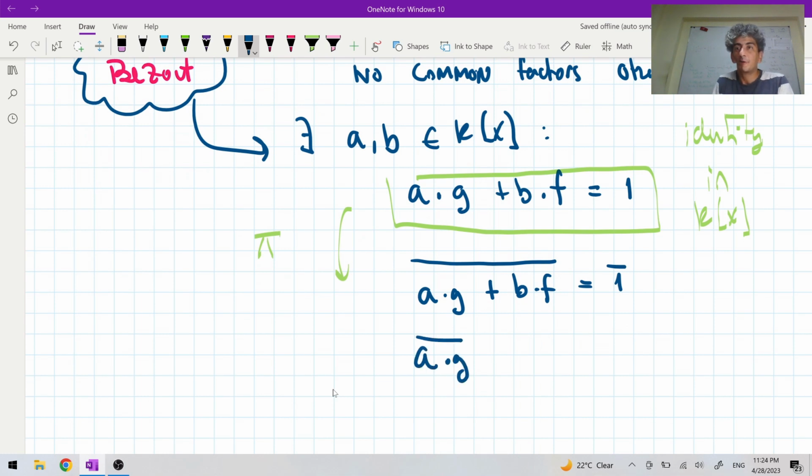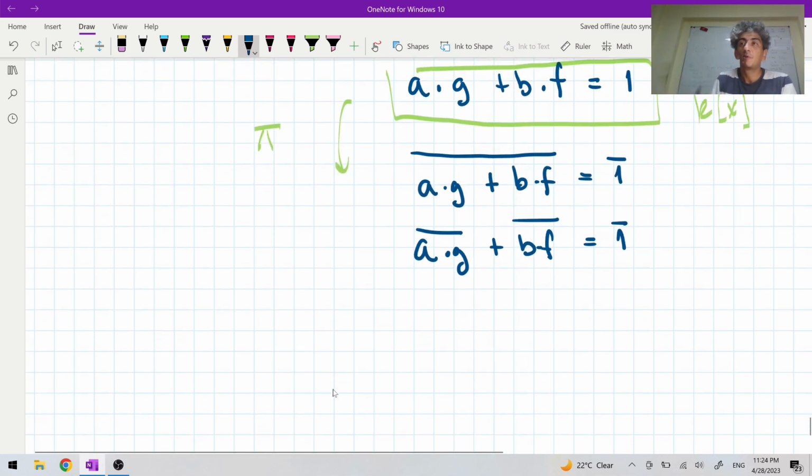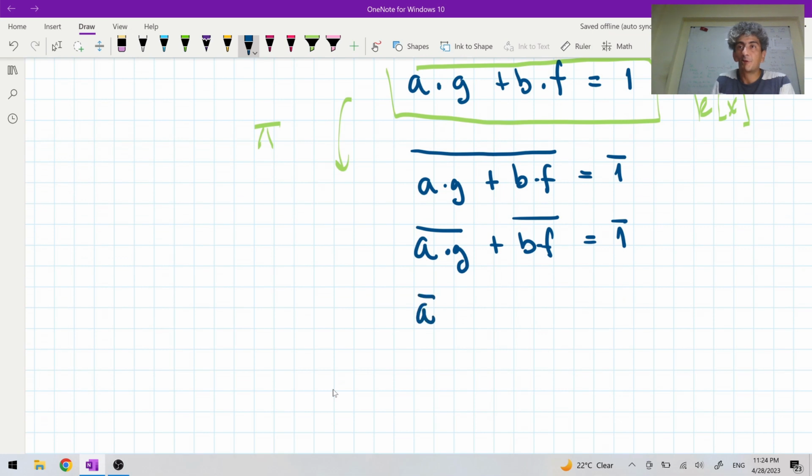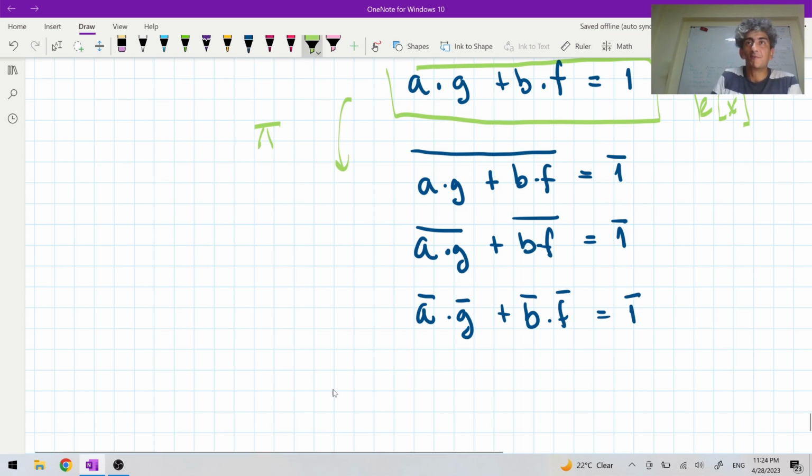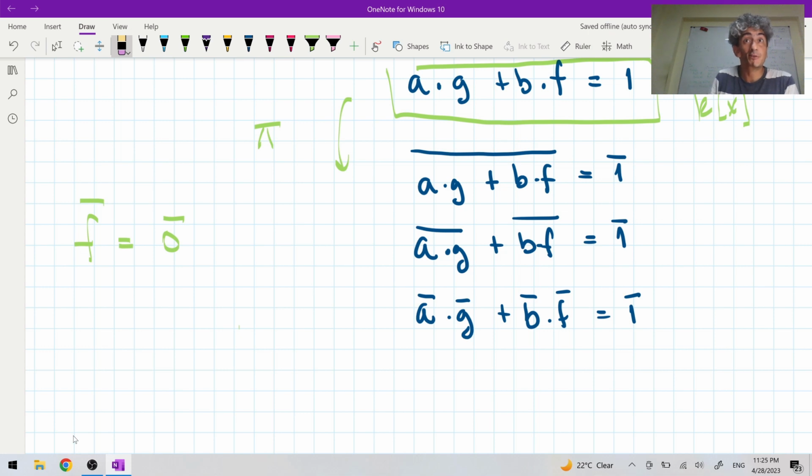The projection of the sum is the sum of the projections, and the projection of the products is the products of the projections. Now we take a look at this part: the class of f is actually the class of 0, so this term simply vanishes. As a result, the class of a times the class of g equals the class of 1.